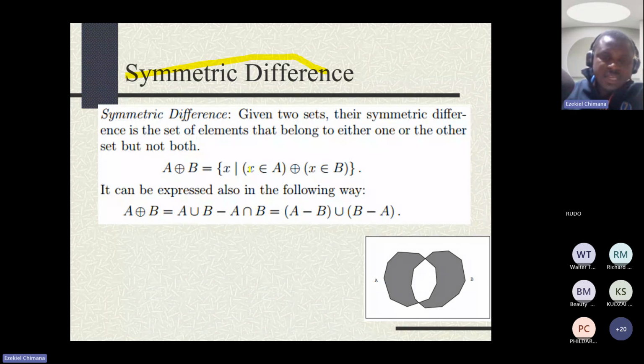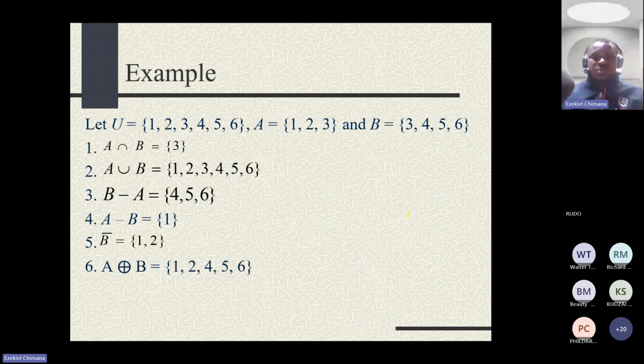So X is such that X is an element of A or X is an element of B. It can also be expressed in the following way: A union B minus A intersecting B, or A minus B union B minus A. In other words, we're just talking about the elements only in A and only in B, but not in both. So I'm just going to remove this intersection, and we're going to be left with elements either in A or in B as the symmetric difference. You are just going to take away those elements which are in between.